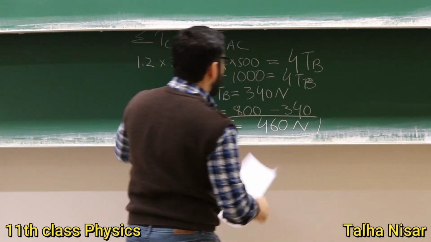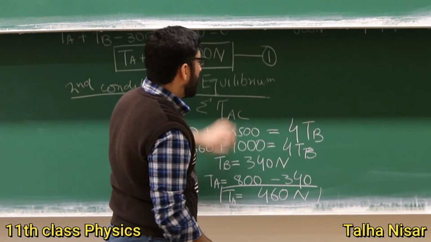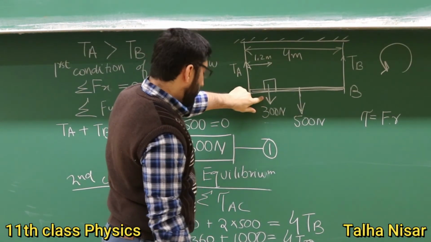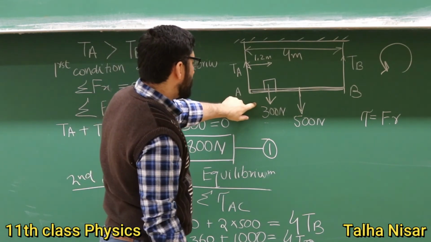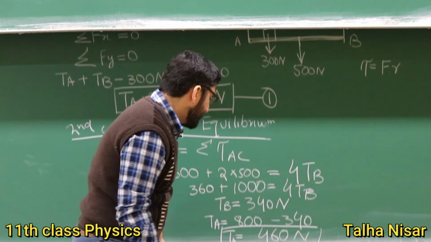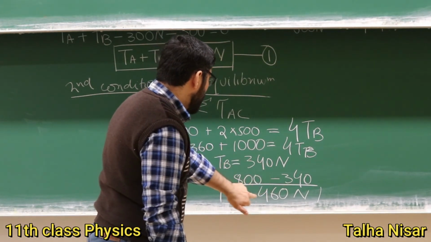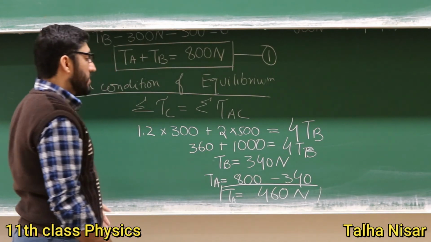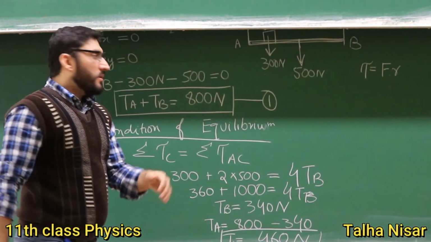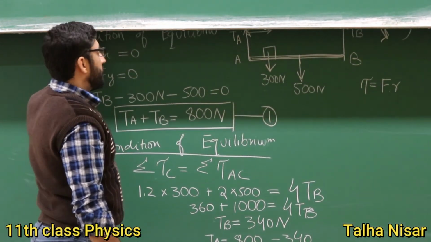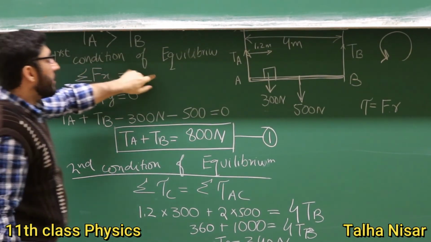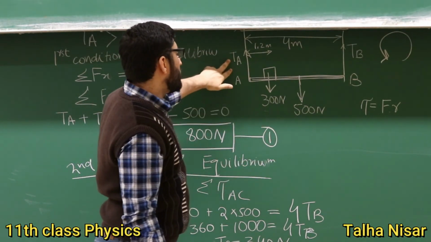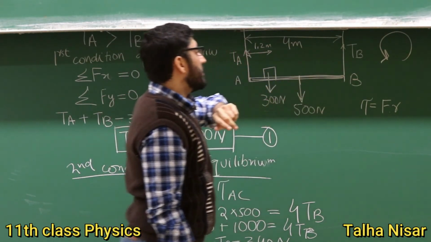In the beginning we discussed that since there is an additional force here, TA must be larger than TB. So TA is 460 and TB is 340. In this example we used the first and the second condition of equilibrium to find the value of TA and the value of TB.